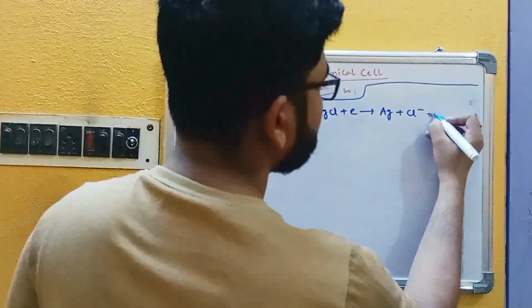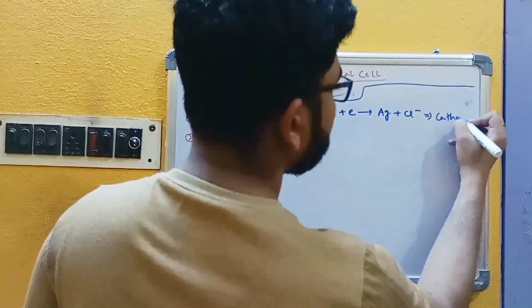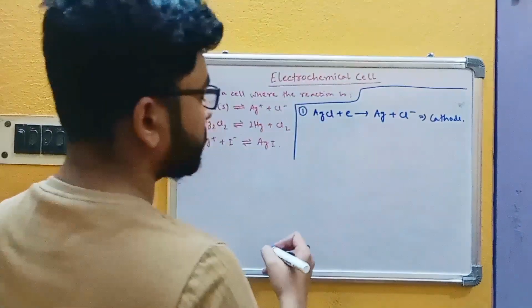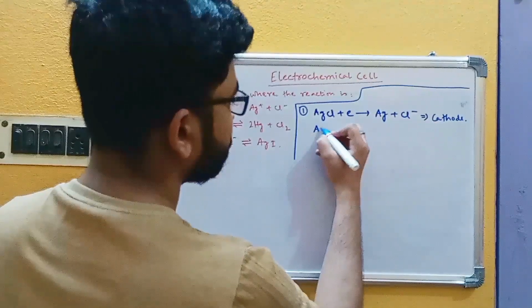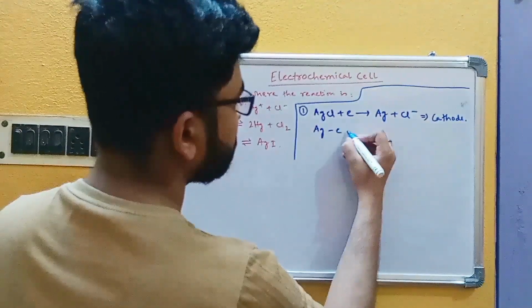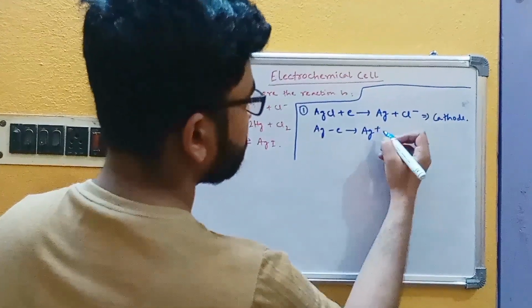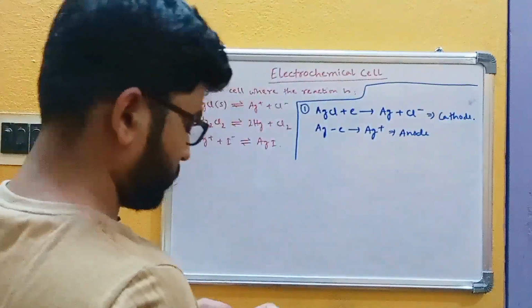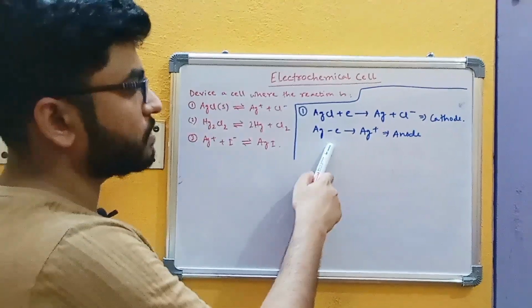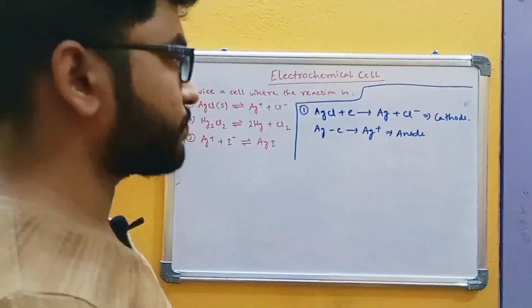So this is cathode, and if we take this reaction as in anode, Ag, that is anode, because here oxidation takes place, that's why this acts as anode.